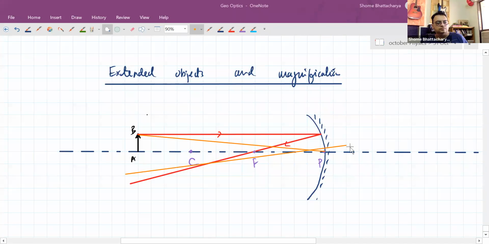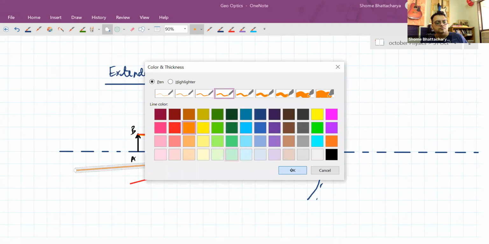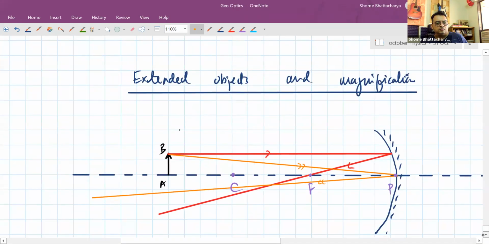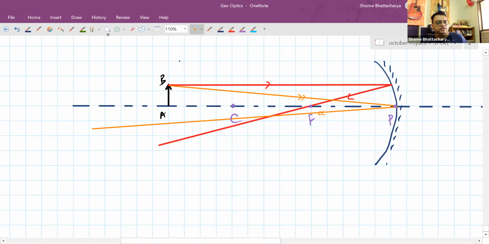Just a moment, I'll reshare that. So here, this second ray that we've drawn will be such that this angle is equal to this angle.